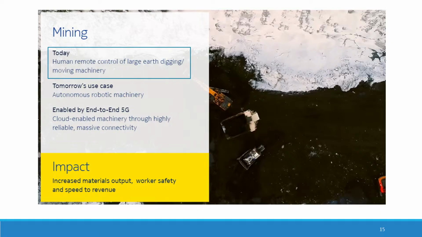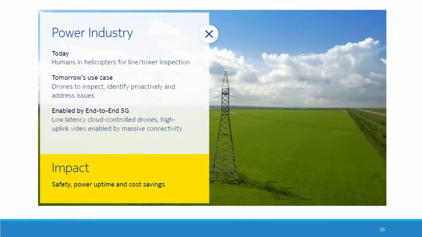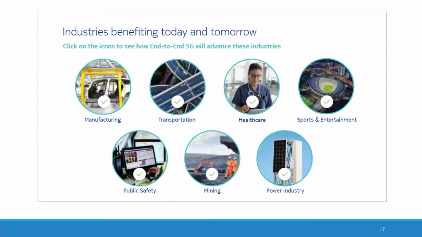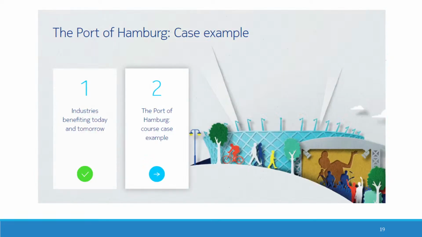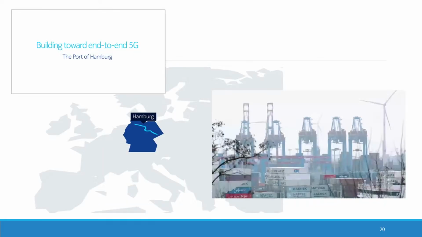They know where the mine is. They know the target. They don't need human interaction. And also power industries. Okay, anyway, that's why we need to have 5G.